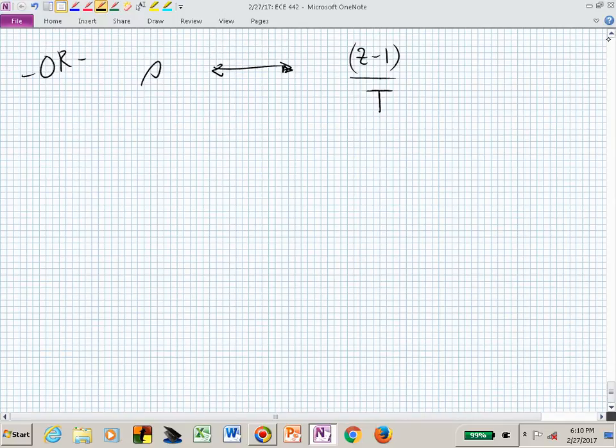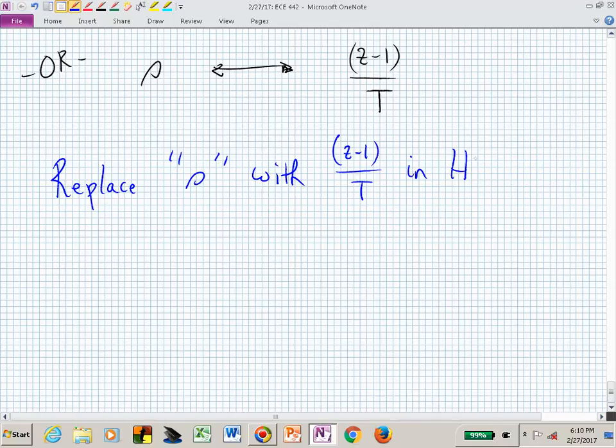Meaning, to make this happen, we replace everywhere we see an s. So if we see an s squared, we replace it with the quantity z minus 1 over T squared. We replace s with z minus 1 over capital T in H of s to obtain H of z.